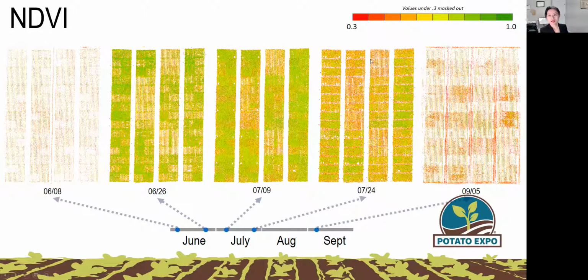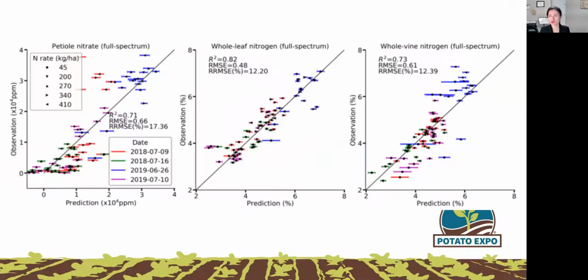So by the remote sensing technology, we can generate the time series NDVI maps of the field. We can monitor the plant status, nitrogen status, and then we can make decisions according to those maps.